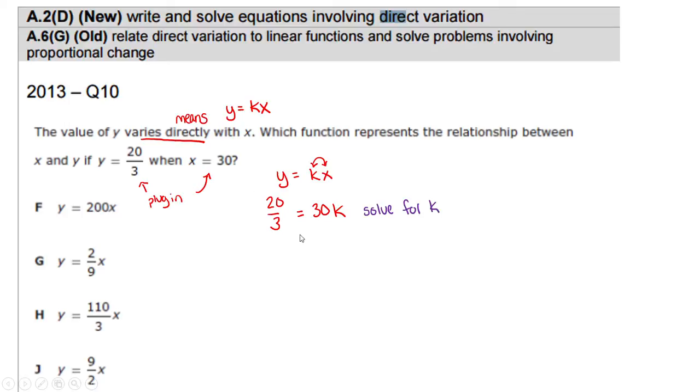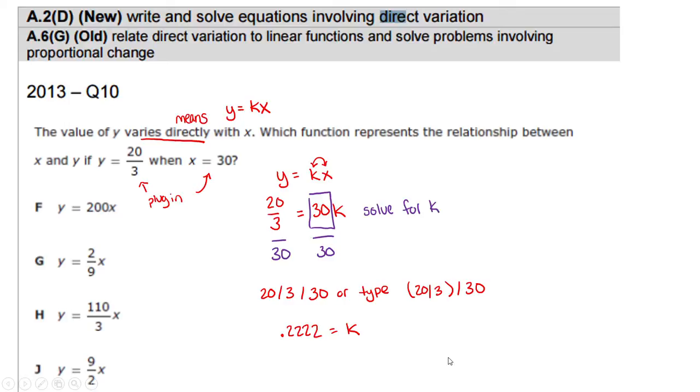If you want, you can clear your fraction, or you can just treat it like a number, since we only need to do one thing in this problem. That one thing is to divide by 30. So in your calculator, if you type in 20 divided by 3, then divided by 30, you'll get your answer. You could do it with or without parentheses. Either way, you should be getting 0.2 repeating.